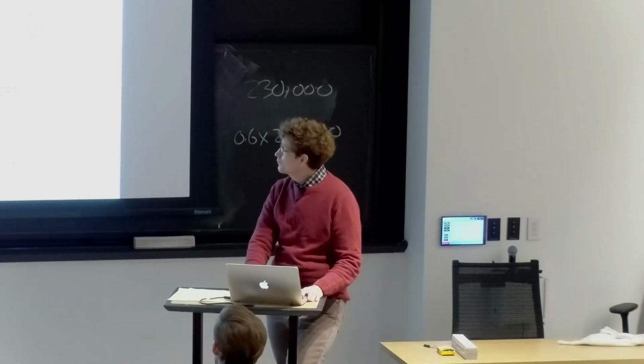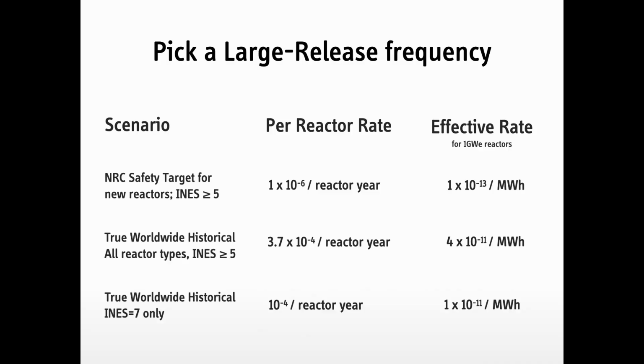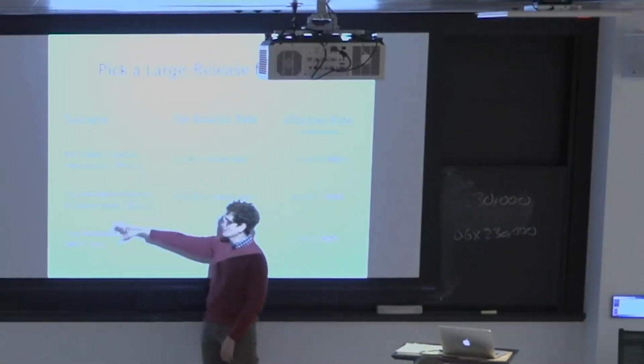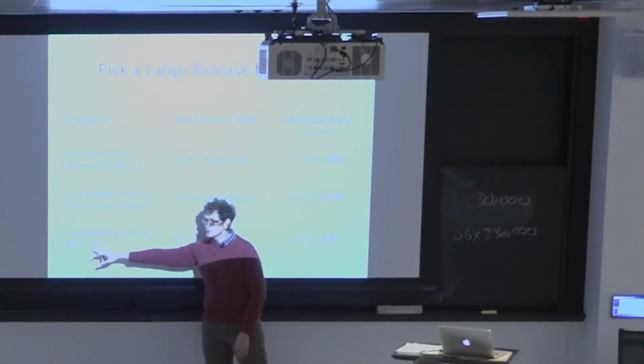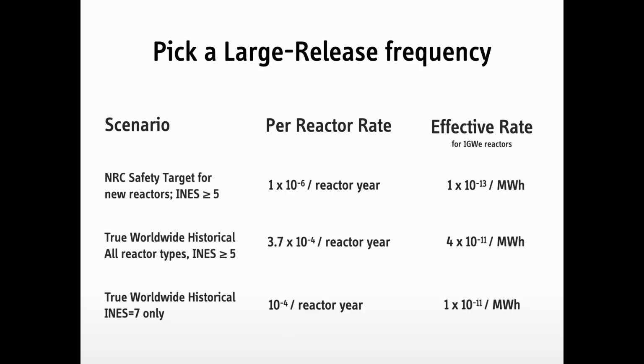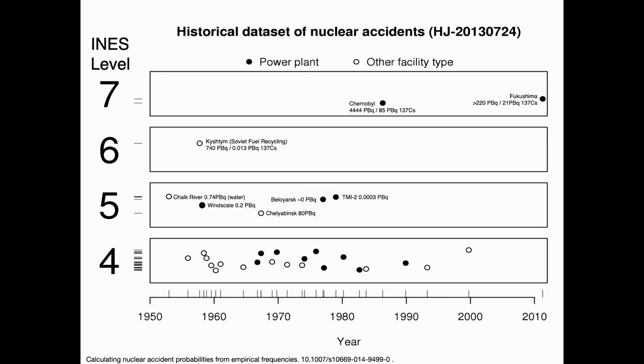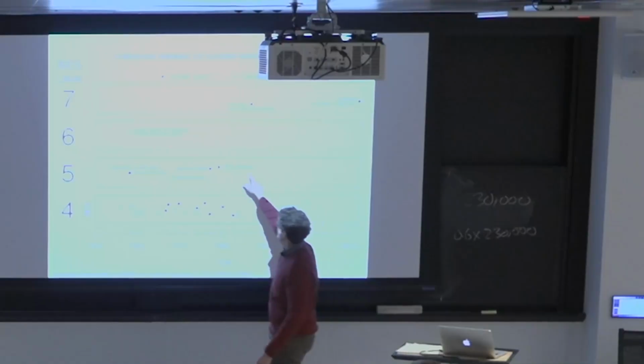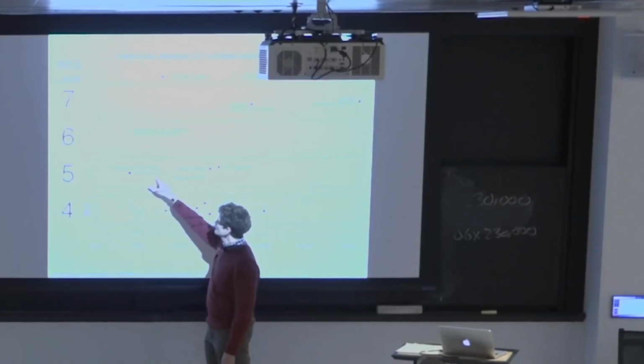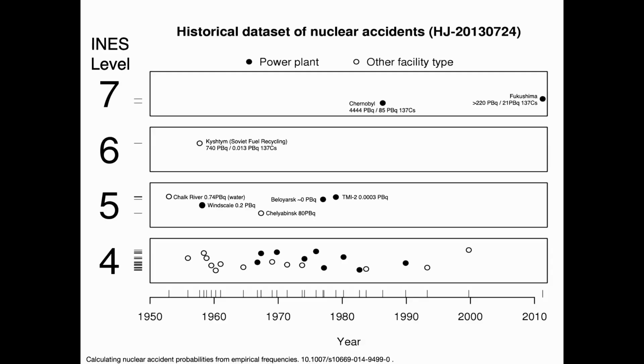All right, let me see if I can blast through and finish this up. So here we can pick various as the NRC safety target. Here's the historical accident rate for all events over 5 to match the safety target. Here's the true historical rate for only INES 7. If you go back and look at this plot, if you look at these other events, pretty tiny releases, 0.2 petabecquerel, 0.74 petabecquerel, 0.013 petabecquerel cesium, right?